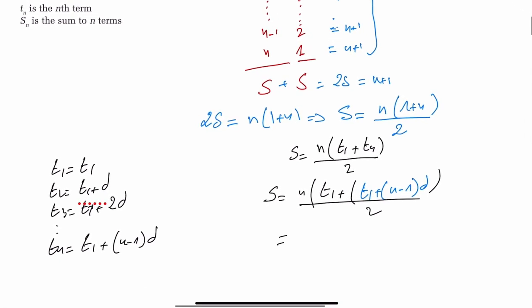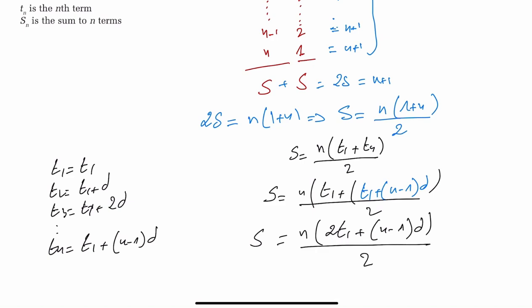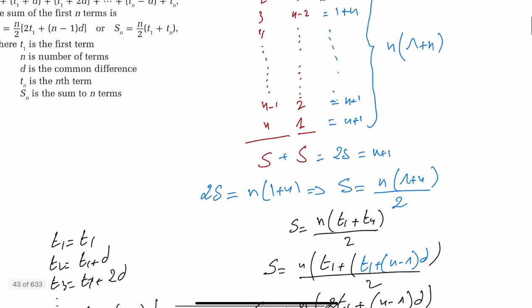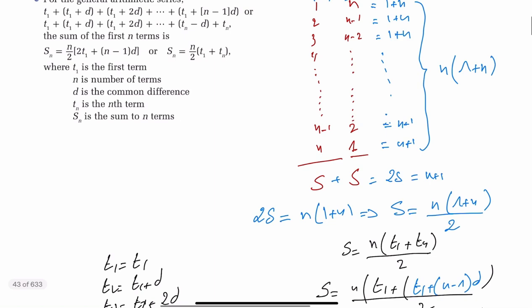And this is equal to n times, so we have t1 plus t1, which is 2t1. So we write it as n times 2t1 plus n minus 1 times d, divided by 2. And this is exactly the same as we have here in our formula.